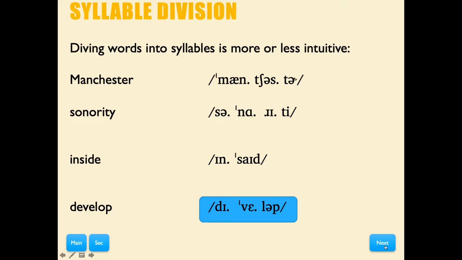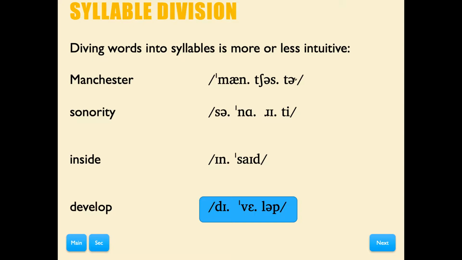Now, we can look at the following words and divide them into syllables. For a number of words, this is very easy and is intuitively more or less clear where one syllable begins and one syllable ends.